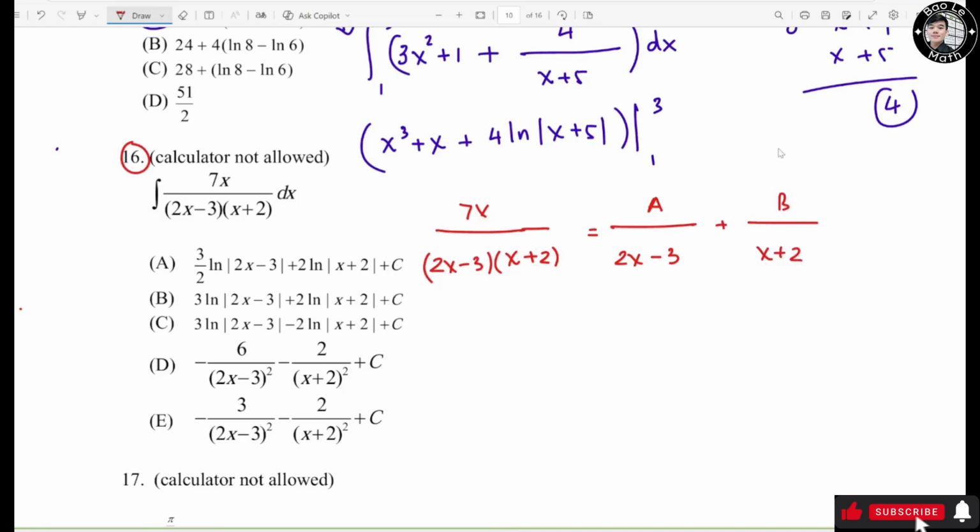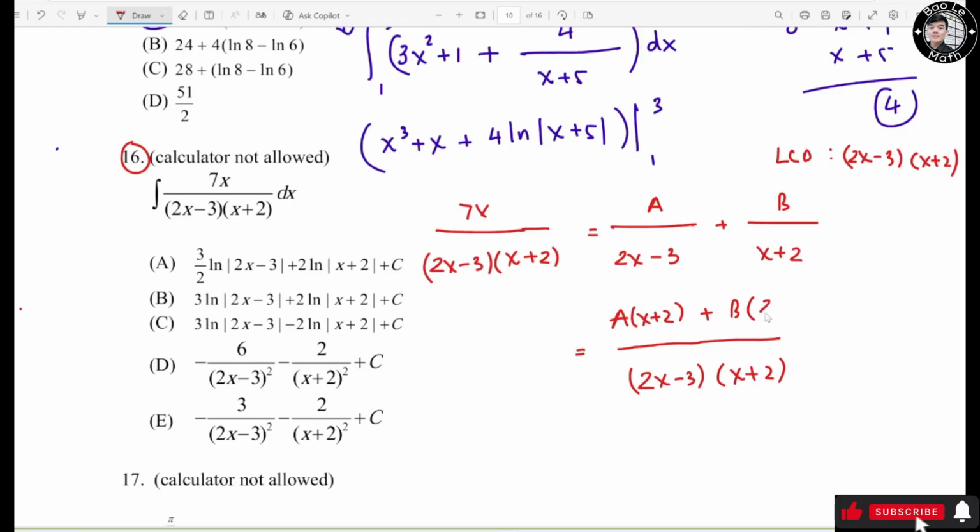So the LCD is 2s minus 3 times s plus 2, right? So this guy can be written as the same LCD, 2s minus 3 times s plus 2, a times s plus 2 plus b times 2s minus 3, right?